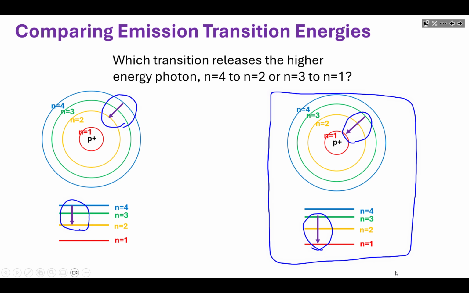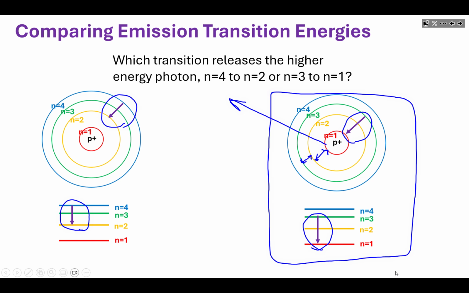And how would you always get this correct? Just remember that as you go further from the nucleus, the spacings get smaller and smaller. So this is a very large spacing. So n equals 1 to n equals 2 has a larger energy difference than, say, n equals 2 to n equals 3.